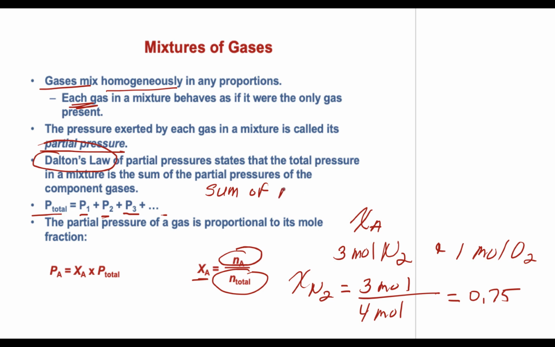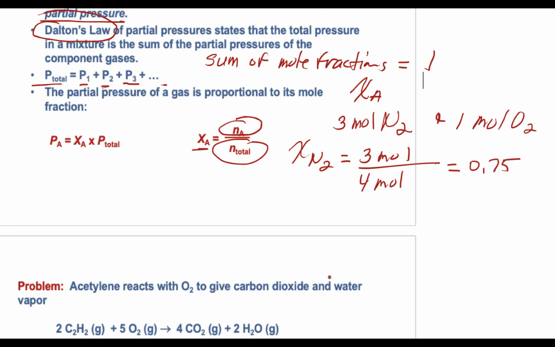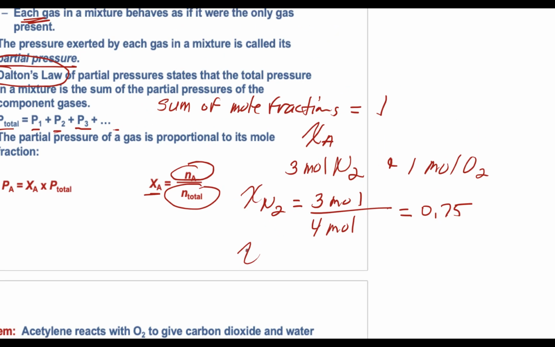Now, one thing you need to know is that the sum of mole fractions in a mixture is equal to 1. So if I wanted to find the mole fraction of oxygen, I could do it one of 2 ways. I could do it the same way as I found the nitrogen. It'd be 1 divided by the total number of moles, 1/4, so it'd be 0.25.